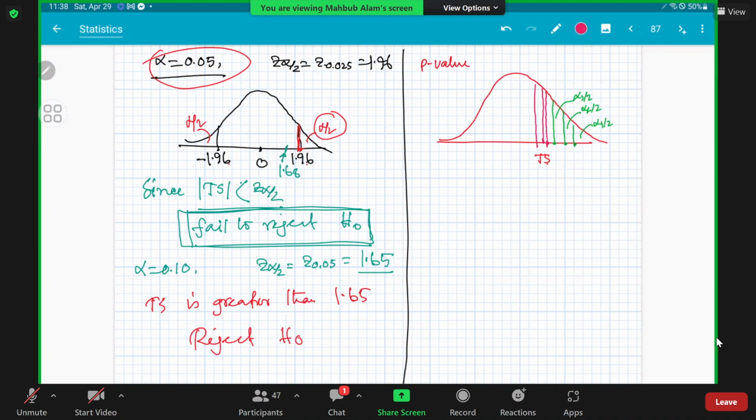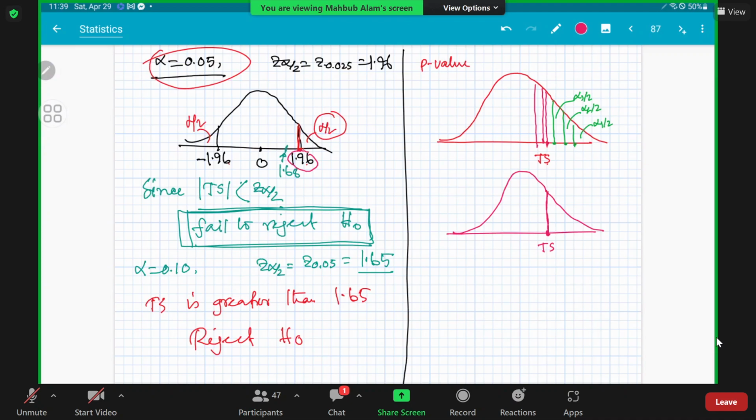So when we test the hypothesis in terms of a significance level, the significance level gives us the critical value, and we compare it with the test statistic. On the other hand, when we go by the p-value, instead of considering any specific significance level, we consider the minimum significance level at which we need to reject the null hypothesis.